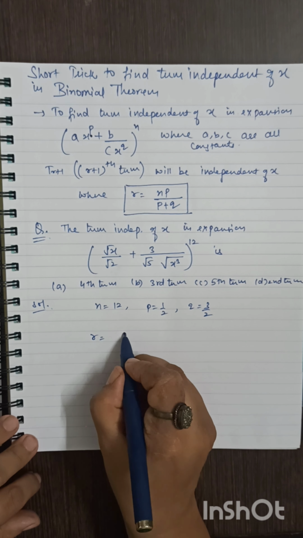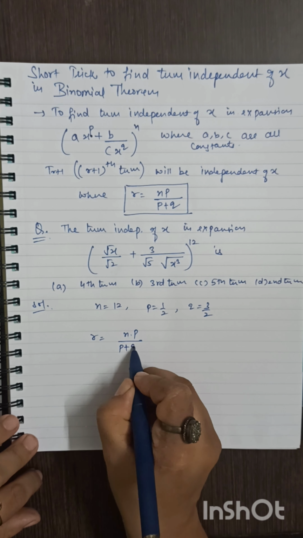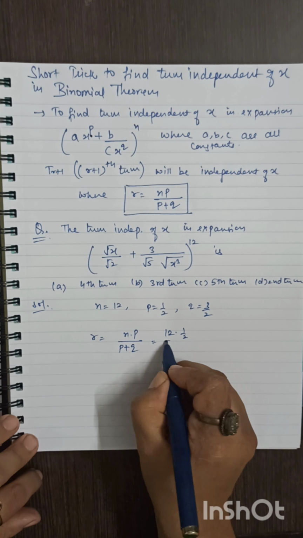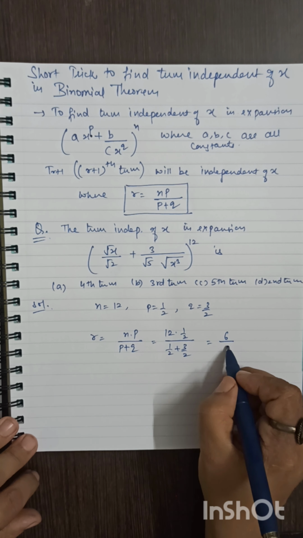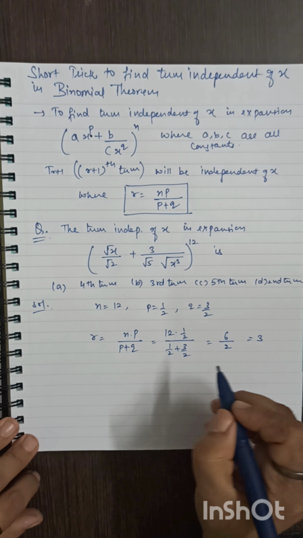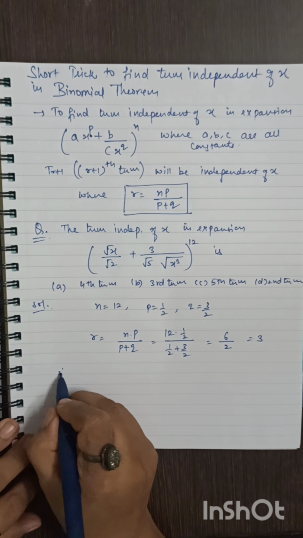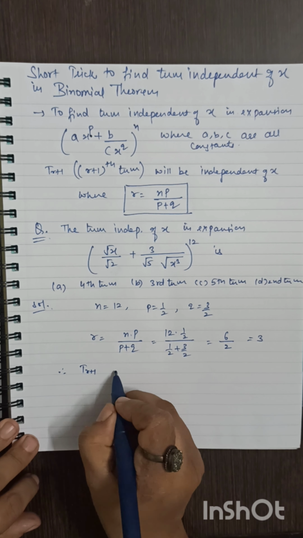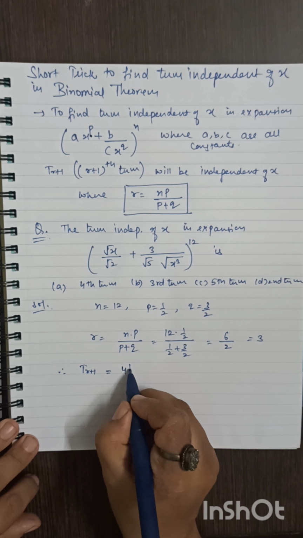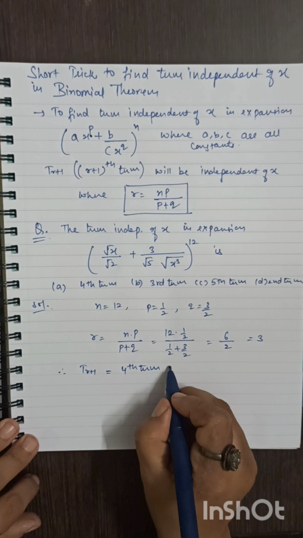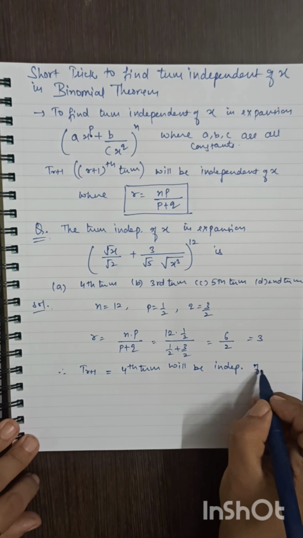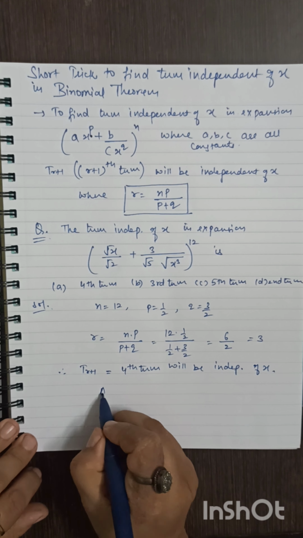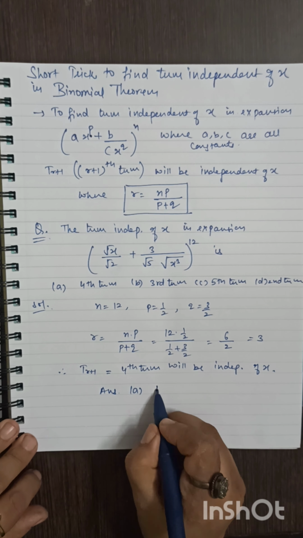Apply the formula for r: 12 into half upon half plus 3 by 2. So this will be 6 by 2, which equals 3. So r is 3. The (r+1)th term, meaning the fourth term, will be independent of x here. So the answer is A, fourth term.